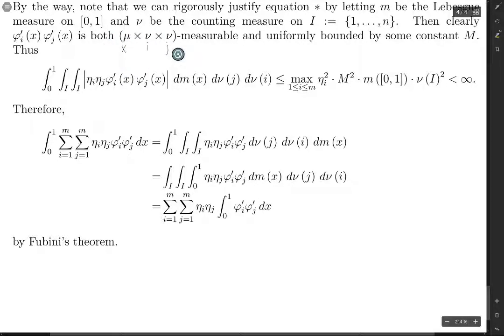But that is sort of obvious, because what are the phi primes? The phi_i's are hat functions. So let's see here, if you've got these 3 points and phi_i looks like this, then if you look at what phi_i prime will look like, well, on the first interval it's sloped upward, so it's like this, and on the bottom interval it's sloped downward, so it's like this.